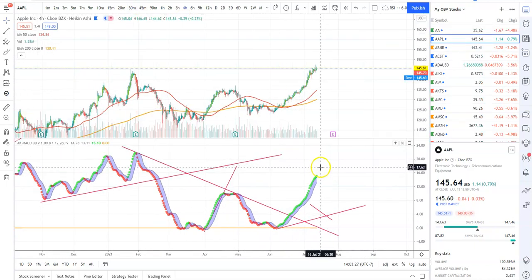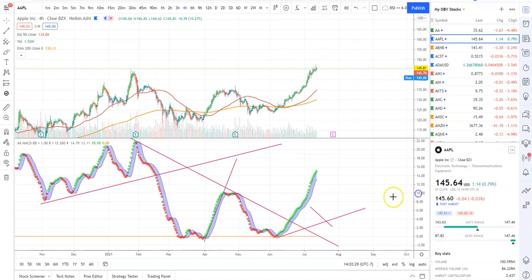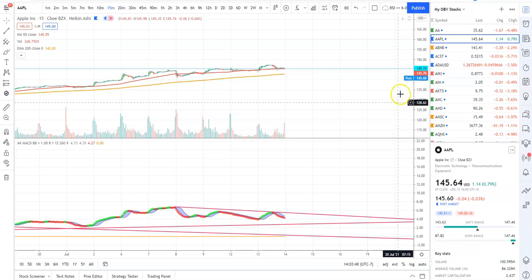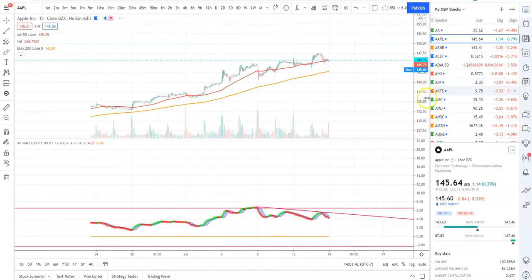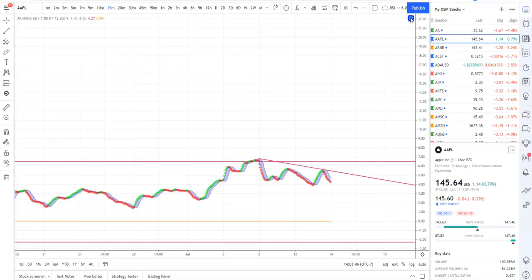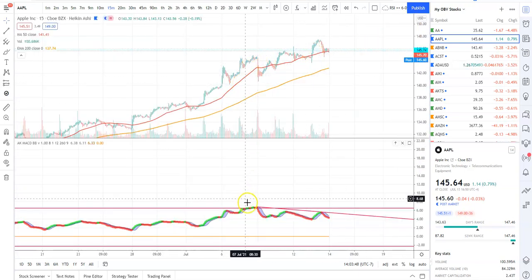Let's quickly move over to the momentum chart. You can see on the 4 hour we are still pushing up quite nicely to the upside, and then dig down a little bit to the 15-minute, which kind of gives a clearer picture sometimes on what's happening on these smaller time frames. As you can see here, price has not dipped while we've been moving sideways the last week, a good indication.